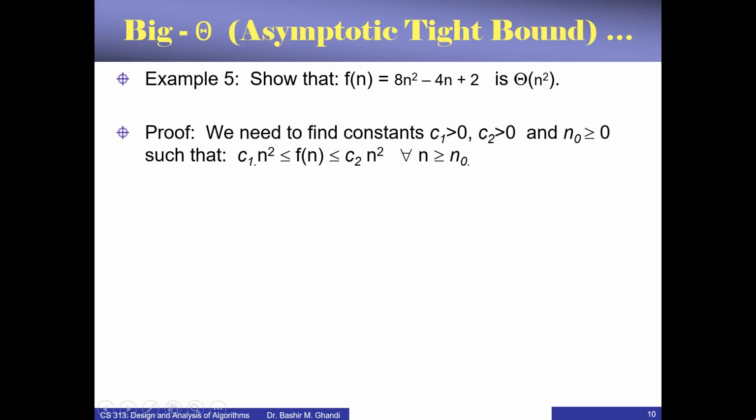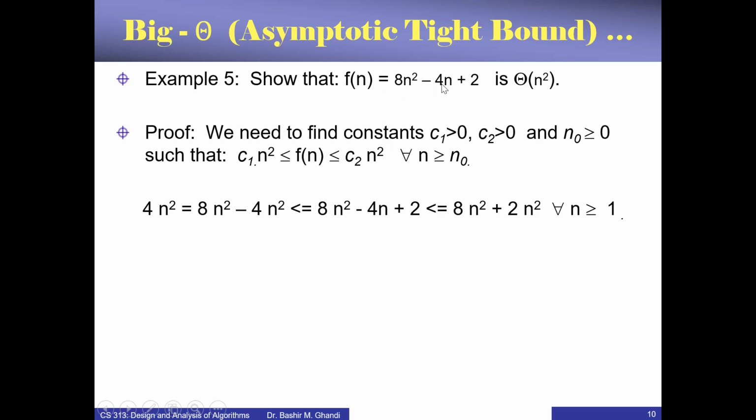Well, here is what we do. We will try to see, suppose this 4n were actually 4n cubed. So if we do the subtraction, what are we going to get? Of course we're going to get 4n squared. So that is what we should have actually on the left side. So we are saying 4n squared, which is equal to 8n squared minus 4n squared, is definitely less than or equal to 8n squared minus 4n.